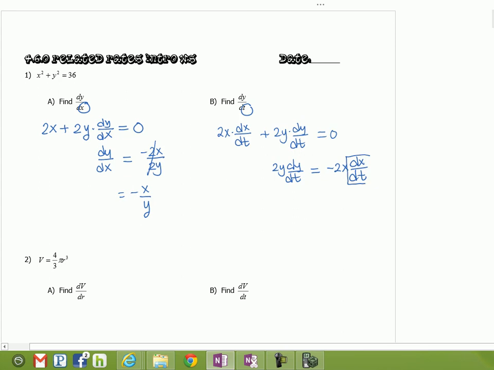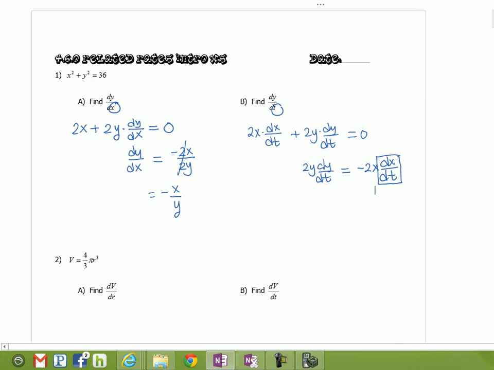And then this is a differential, so I don't need you to try to get common denominators with that. So dy/dt is equal to negative x dx/dt over y, which is the same as negative x over y, and then multiplied by dx/dt. That's actually the same thing.